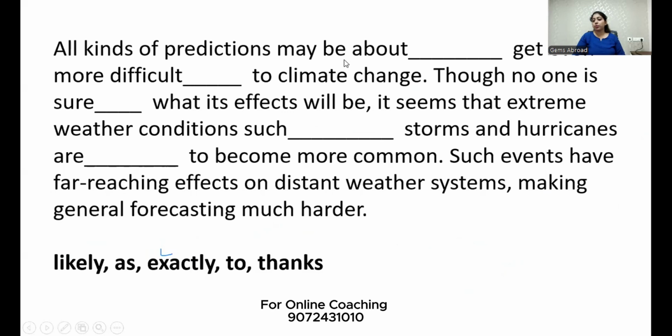All kinds of predictions may be about something else. So it gets even more difficult about a subject, right? So about what? About dash get even more difficult to show all kinds of predictions. We predict something, maybe about dash get even more likely, as, exactly. Maybe about to get even more difficult.